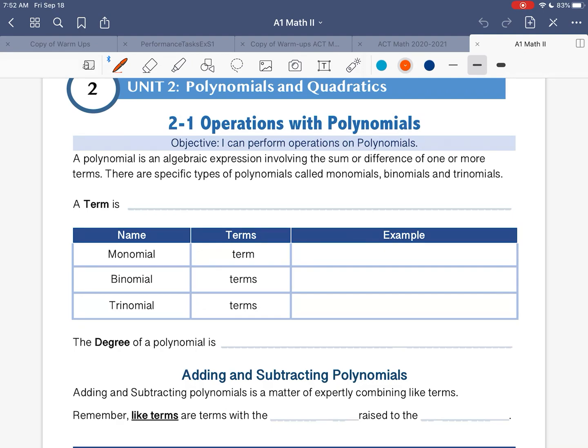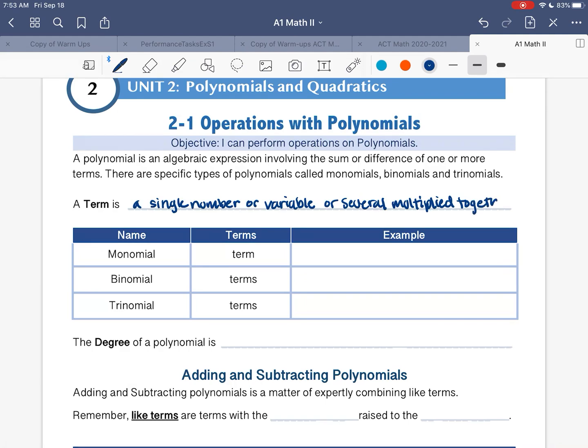So first of all, let's talk about some definitions and some vocabulary to talk about polynomials. First is a term, and a term is a single number or variable, or several multiplied together.